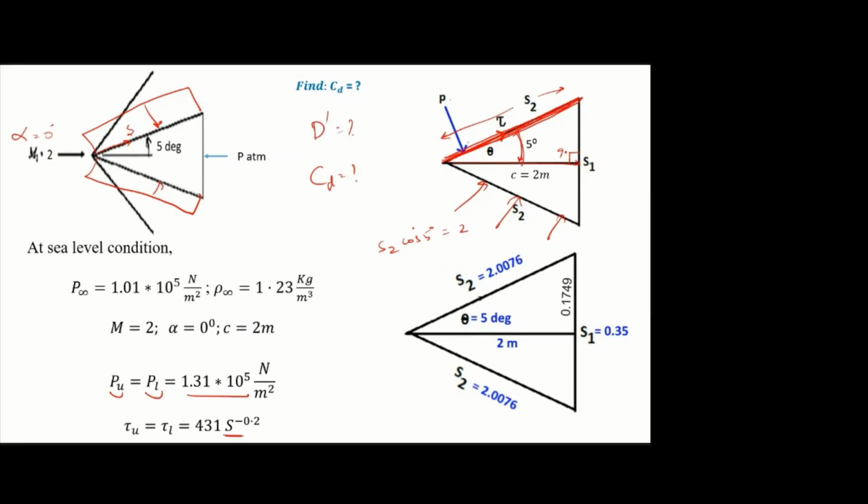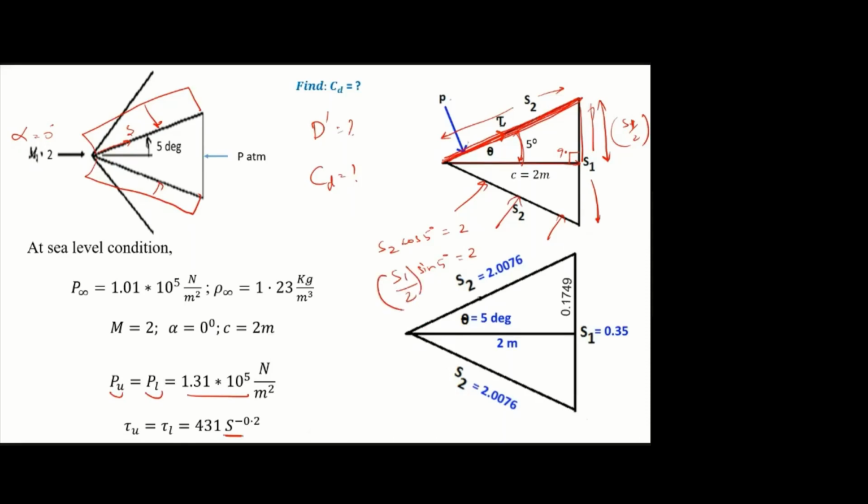So S2 cos 5 degree is 2 meter, and S2 sin 5 degree is this distance, that is S1 by 2, the whole distance is S1, so you take only this as S1 by 2. Sorry, it should be S1 by 2, right?